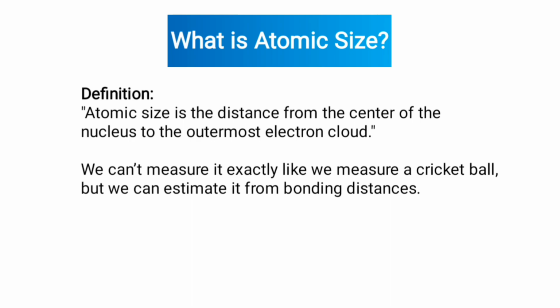Electrons are in constant motion around the nucleus, so scientists define size in terms of radius. So, atomic size is the distance from the center of the nucleus to the outermost electron cloud. Now, dear student, we can't measure it exactly like we measure a cricket ball, but we can estimate it from bonding distance.